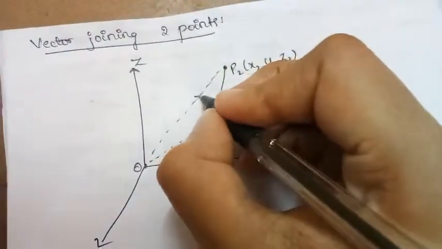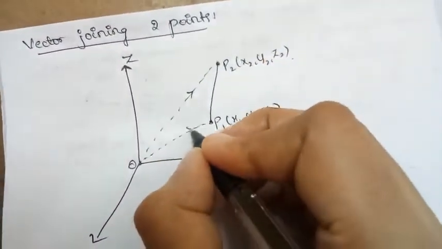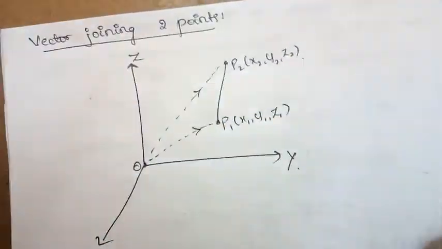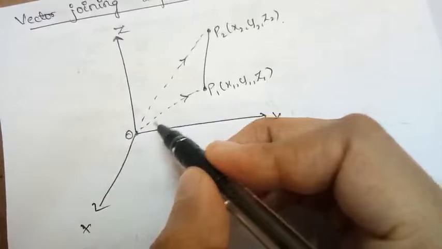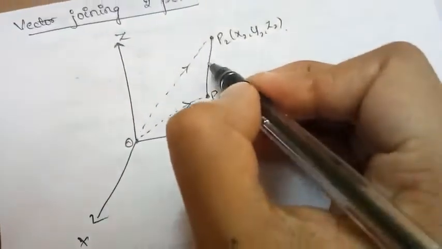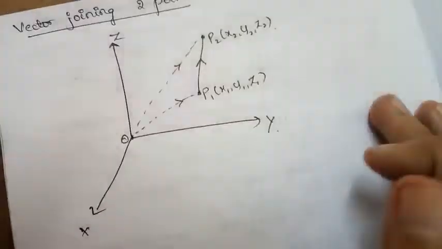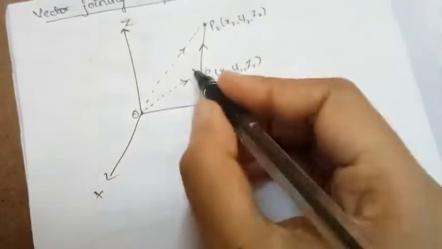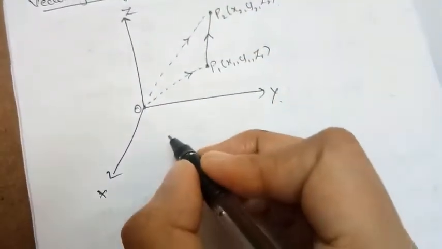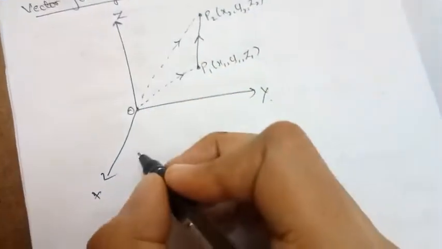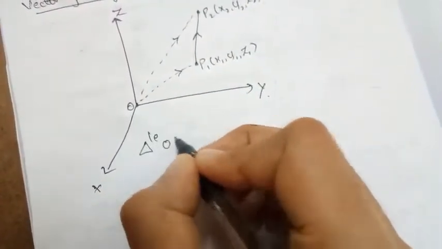So this will become OP1 vector and this one becomes OP2 vector. So OP1, OP2 and what we needed, P1P2 vector. So now here what happened, we got a triangle OP1P2.